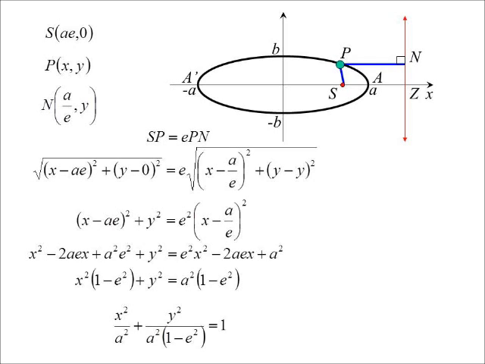Going to divide everything by a squared (1 minus e squared). And we get x squared on a squared plus y squared on a squared (1 minus e squared) is equal to 1. That's still a little bit messy. We can make that even neater, because we know the y-intercepts, we've just called them b.